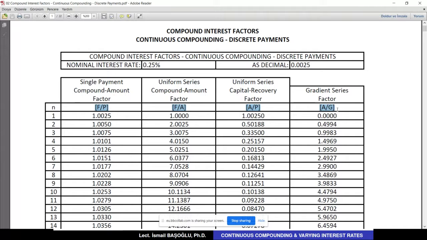Therefore, you should not confuse this table with the previous table. If a question tells you that there is continuous compounding and it states that the payments are made at discrete time points, such as monthly, weekly or yearly payments, in that case, you have to use this table again to identify values of compound amount factors.